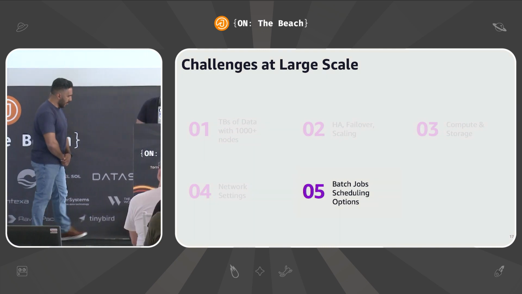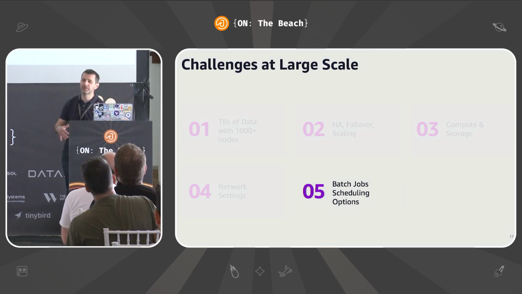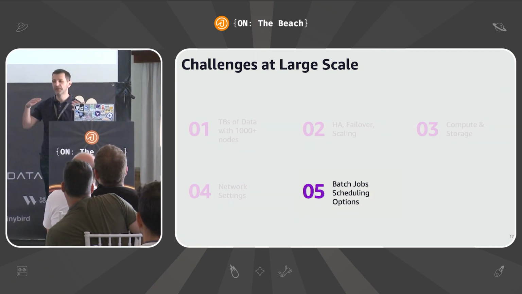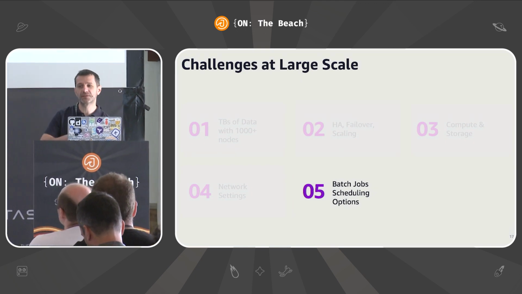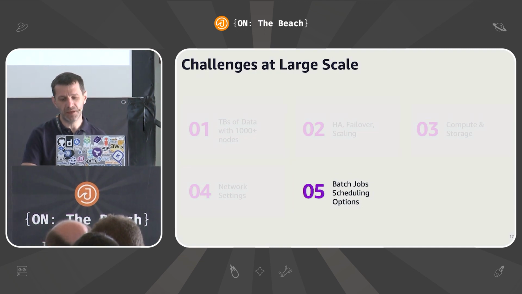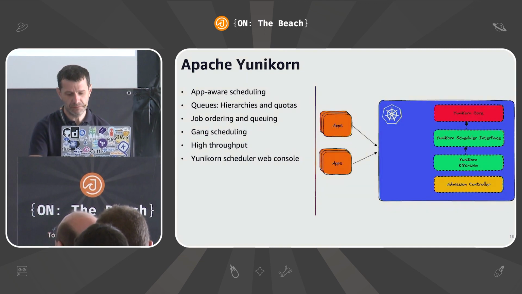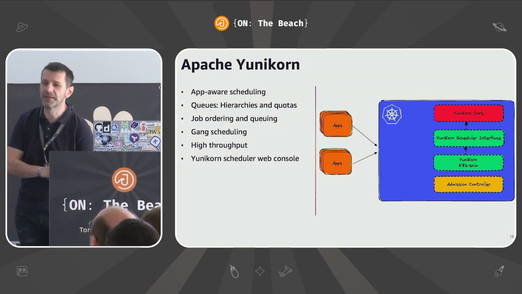And there is one more bit that you need to consider. You have the network, you have the compute, everything in place, but then you have to make sure that all these thousands of jobs will be scheduled correctly and seamlessly.